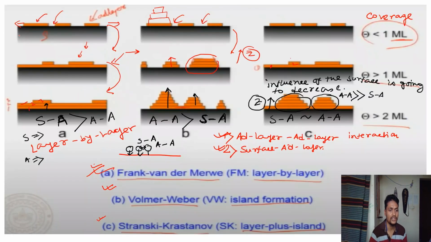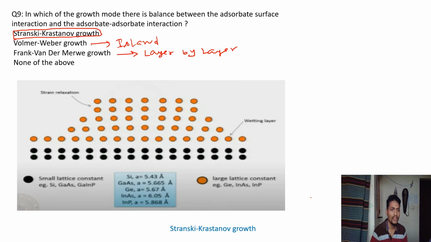And let's see this as well. This is layer plus island both. Right? So this is my answer. And that is the pattern of how you can form. So first is layer, and then this is island kind of thing.